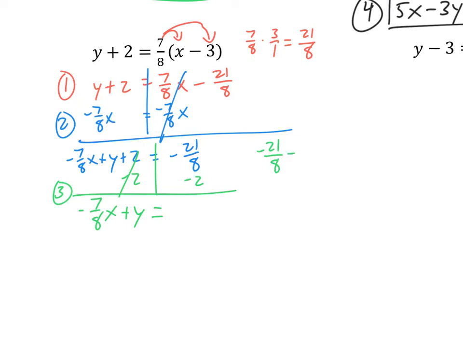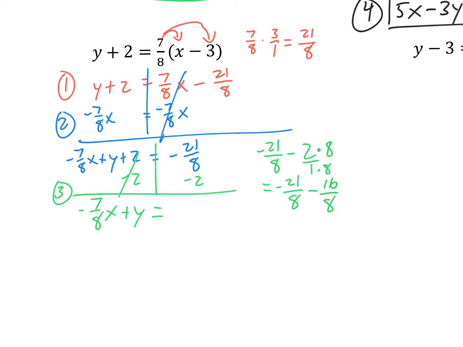minus 2. Well, we need to have a common denominator if we're going to subtract. So this is going to be equal to negative 21 over 8. To get 2 over 1 into something with a denominator of 8, we need to multiply by 8. So this will be negative 21 over 8 minus 2 times 8 is 16 over 8.